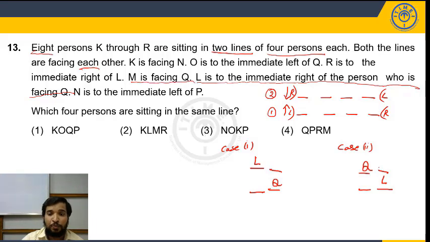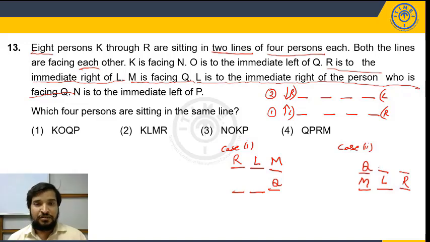M is facing Q, so M is opposite Q. Next, R is to the immediate right of L, so L immediate right is R. Next, O is to the immediate left of Q. So O sits opposite to L. In both the cases, O sits opposite to L.